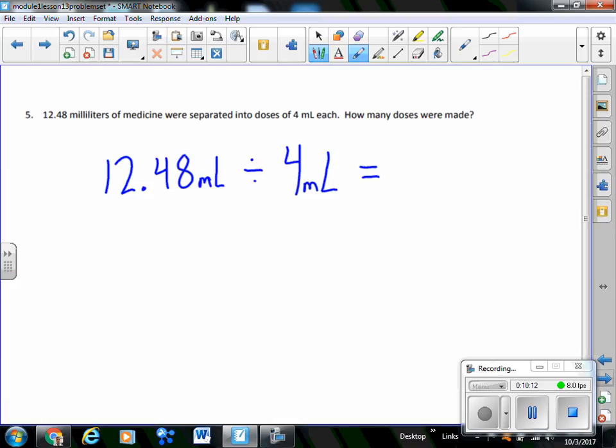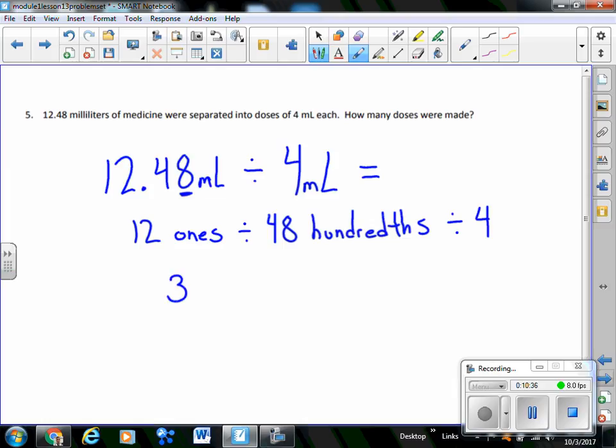First thing we're going to do. So we have 12 ones divided by, and we're going to do 48 hundredths because I think you can do that. The 48 ends in the hundredths place. Okay, if we divide both of those by 4, 4 goes into 12, so we get 3 ones.